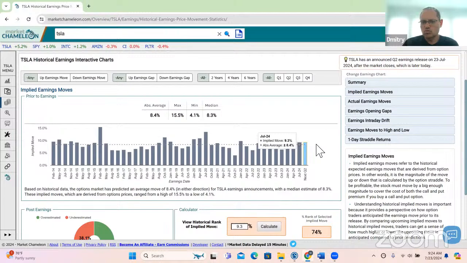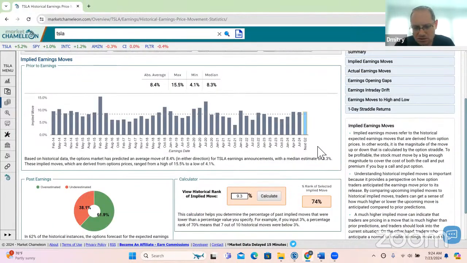So what this is saying is the following: if the straddle closed right now, let's say it's the end of the day today, and the straddle closed with an implied move of 9.3%, like this, we could compare, okay, is that on the high or low range of the historical observations?